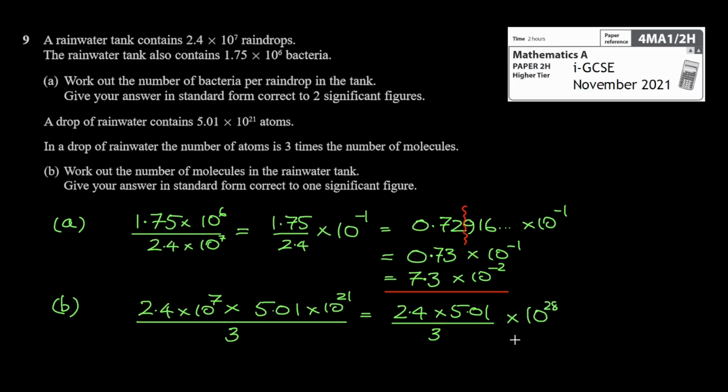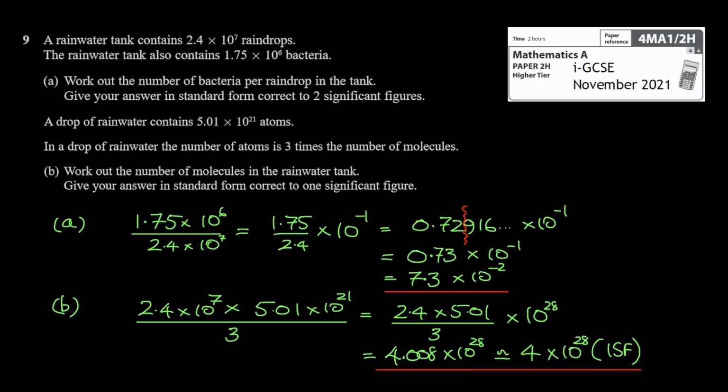You see, you're almost preserving the standard form nature of the sum. Work out the left-hand side, and I get an answer of 4.008 multiplied by 10 to the 28. So approximating down to one significant figure, this is 4 multiplied by 10 to the 28. And that is your answer.